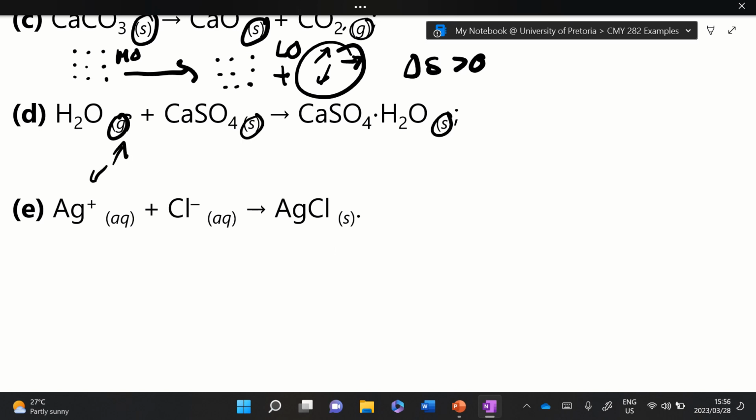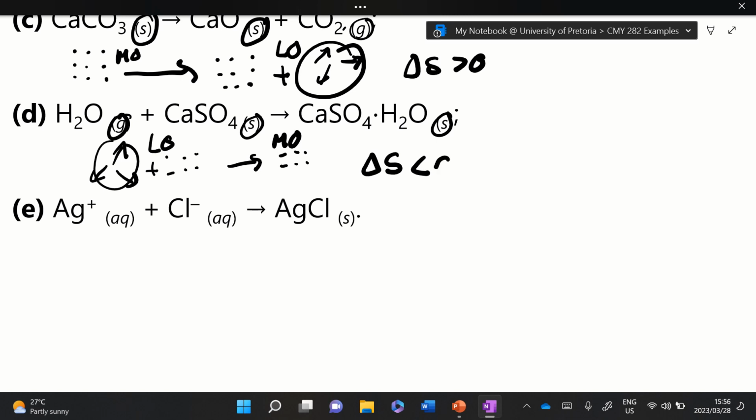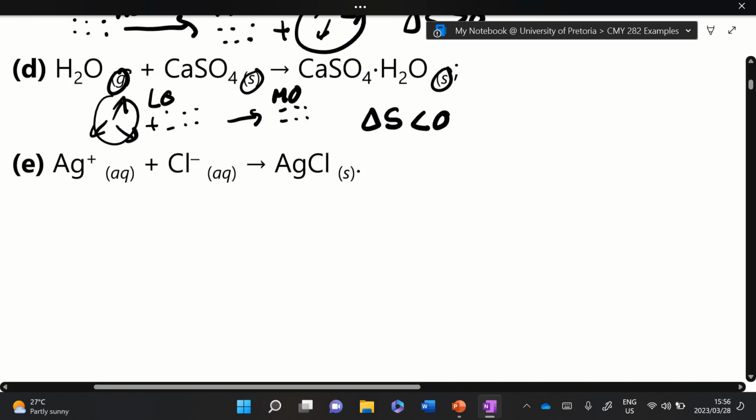So what do we have? A bunch of arrows plus something that's ordered gives something that's ordered. So in other words, we have something that's free to move and we have something that's not free to move. So we see a decrease in the disorder.